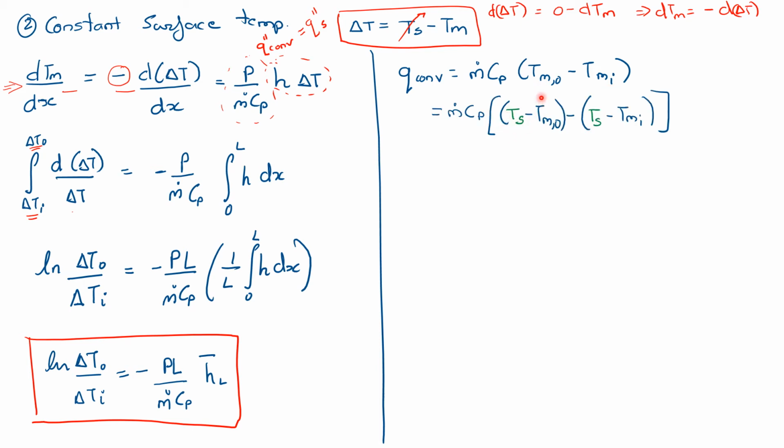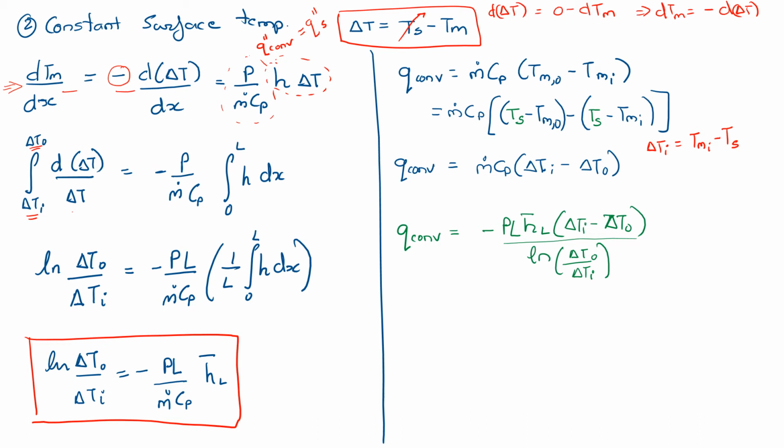Now I've added and subtracted Ts, and clubbed it with the outlet and inlet mean temperatures, so that I get delta Ti and delta To here. So I can write my Q convection as m dot Cp into delta To minus delta Ti, where delta Ti is equal to Tmi minus Ts, and similarly delta To will be Tmo minus Ts.